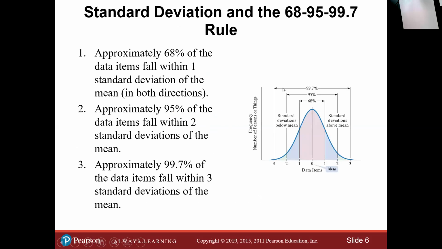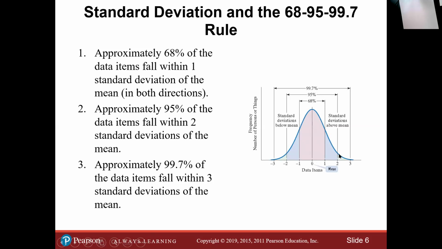Now, because this curve is symmetric, we can compute the area, or the amount of stuff inside a data range. So we have this rule called the 68, 95, 99.7 rule, and that has to do with standard deviation. Here in the center, this is the mean. This 1, 2, 3, and -1, -2, -3 represent the standard deviations.